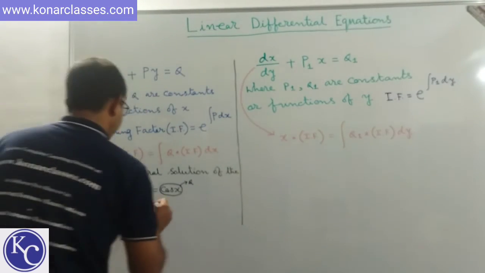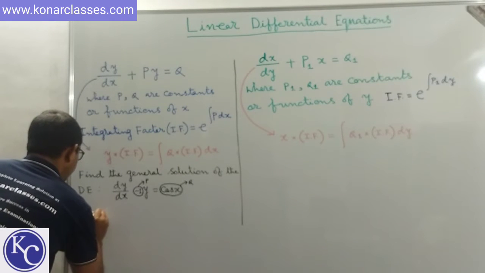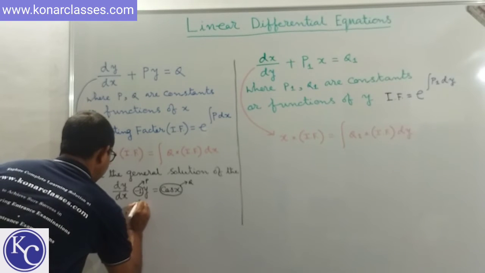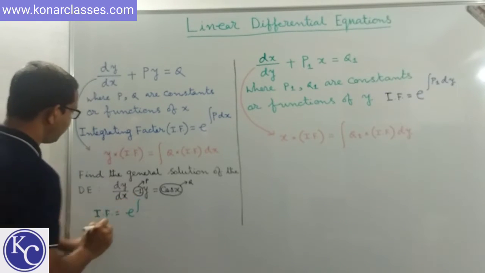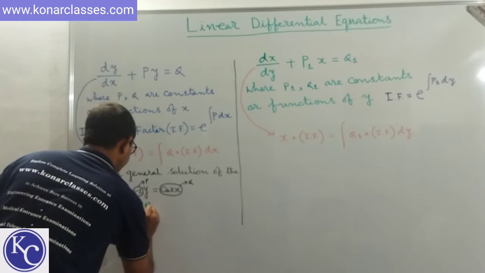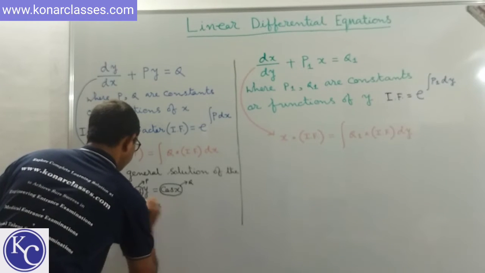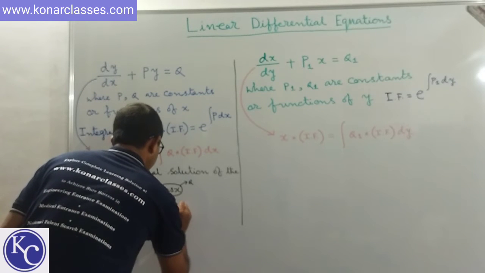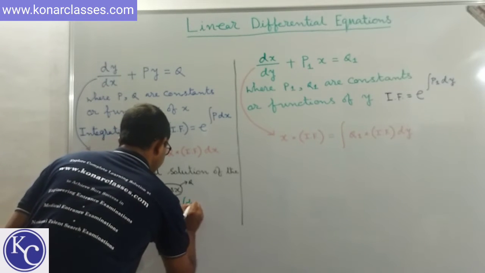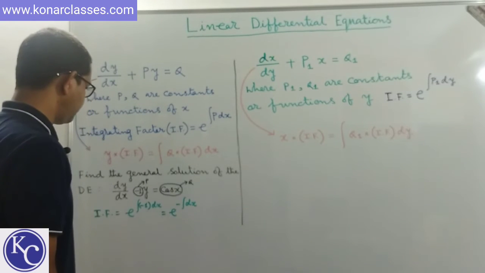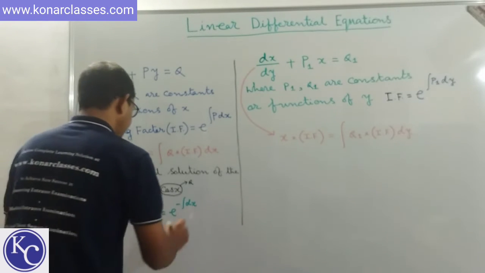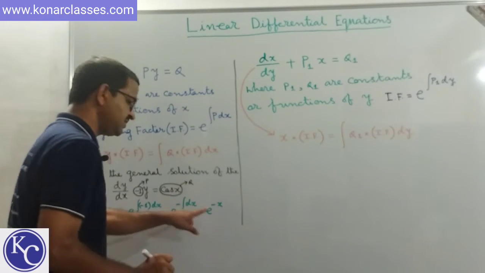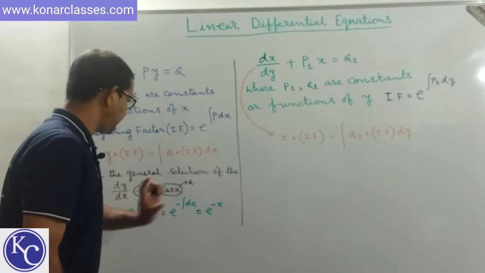For this question the integrating factor is e power integration p dx, that means minus 1 into dx, correct? So that is equal to e power minus integration dx. What will it be? It is equal to e power minus x, because integration of dx is x. So e power minus x.